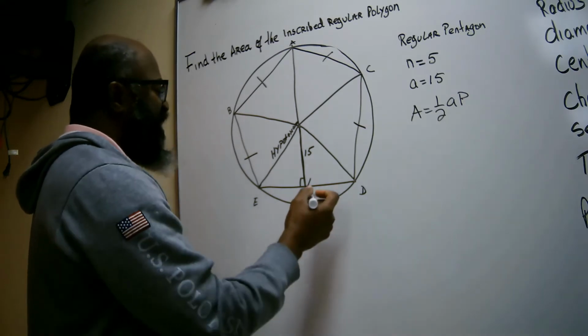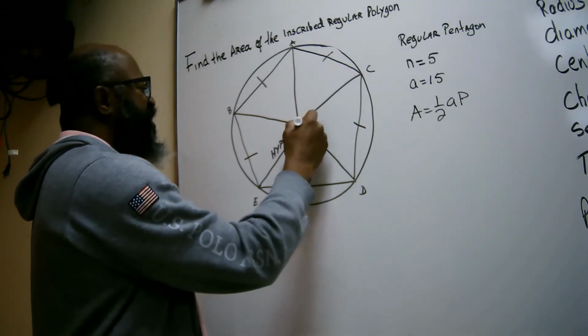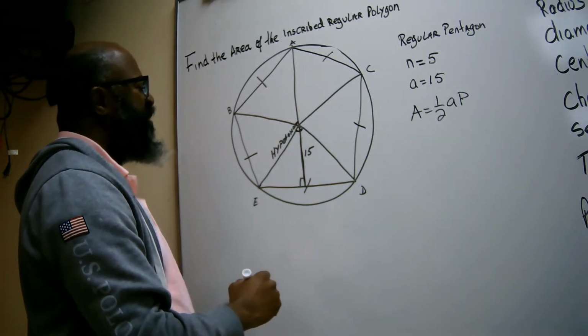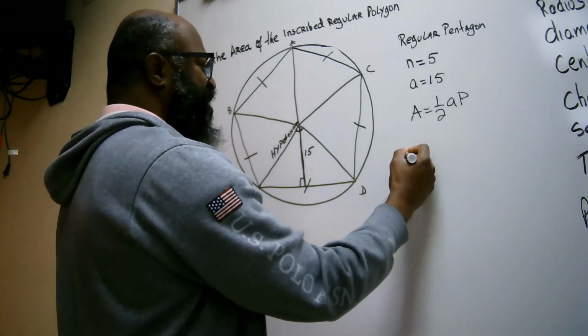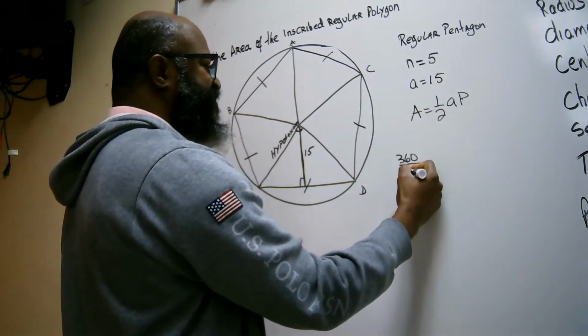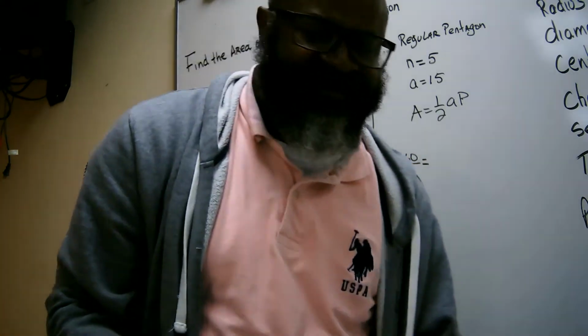So if I can find this side, so let me see if I can find the central angle, then that tells me what type of triangle that I created. If I take 360, I need to find the central angle divided by n. In this case, n is 5. Alright, calculator.